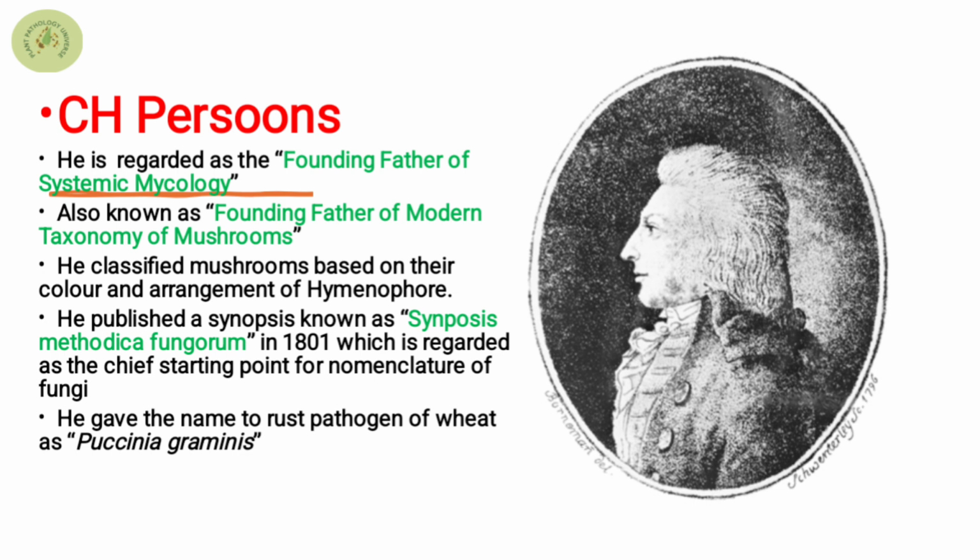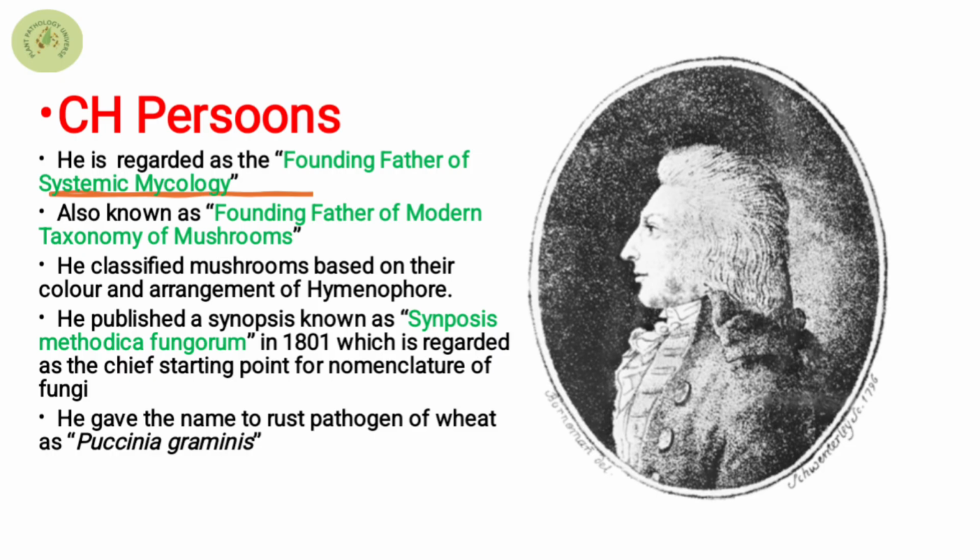And he classified the mushrooms based upon their colors, based upon their arrangements of hymenophore, etc. Hymenophore means a particular branch that will consist of a hymenium. Phore basically means branch, and hymenophore means any branch that will consist of a hymenium, and hymenium is nothing but a layer in a basidiocarp, and the basidiocarp forms a mushroom fruiting body, right?